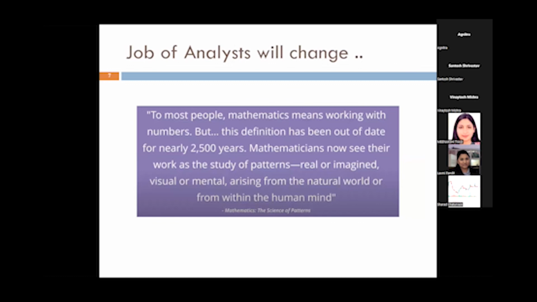Now, because we are having a session on modeling and analytics, the mathematician's role has changed. Some 2,500 years ago there was no geography, no geometry. Now we are talking about algebra. If you combine algebra and geometry, it becomes coordinate geometry.